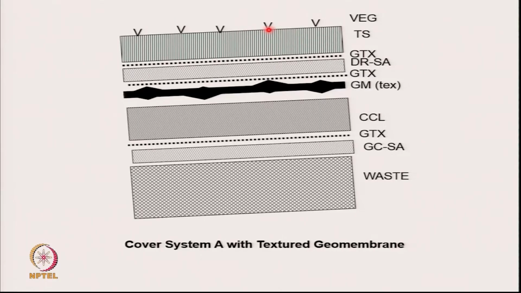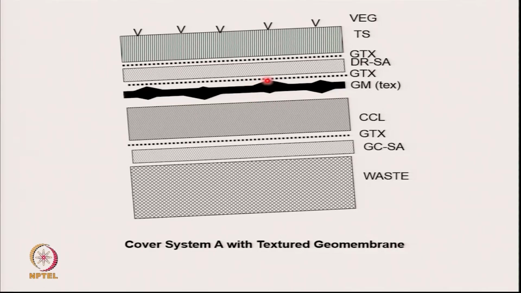This is the traditional hazardous waste cover: topsoil and protective layer, drainage layer, geotextile as a protector for the geomembrane, compacted clay liner. So this is a critical interface, compacted clay to geomembrane, delta is low. If it was smooth, it would be 8 to 12, but it is textured, so 14 to 16.